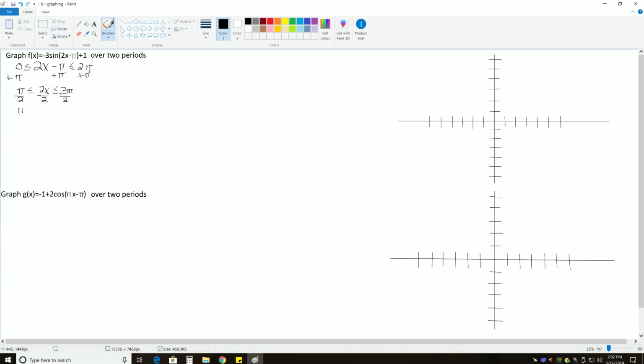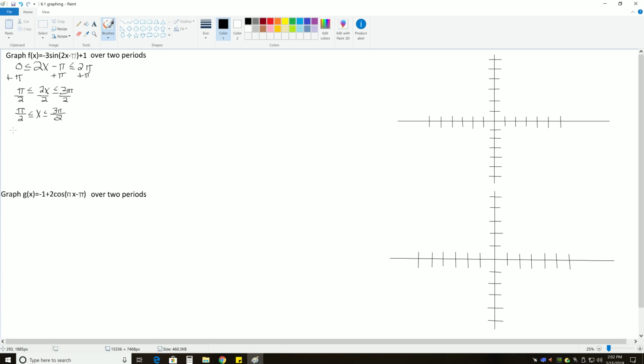So we get pi over 2 is less than or equal to x, which is less than or equal to 3 pi over 2. So now we know that one period of our graph will lie between pi over 2 and 3 pi over 2 instead of 0 to 2 pi like the standard parent function of sine.